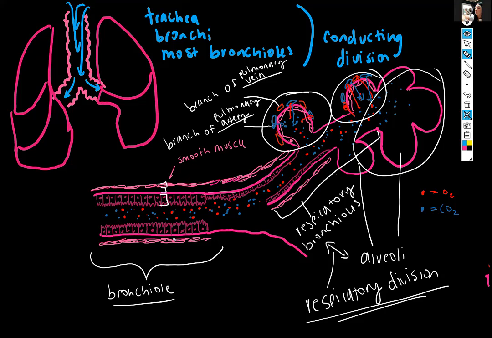So if anybody is here to become, for example, a respiratory therapist, these are the kinds of things that you're going to be thinking about and worrying about when you're interacting with your patients. So all of it matters. It's just that bronchioles and alveoli have different functions. So that's kind of the end of that.